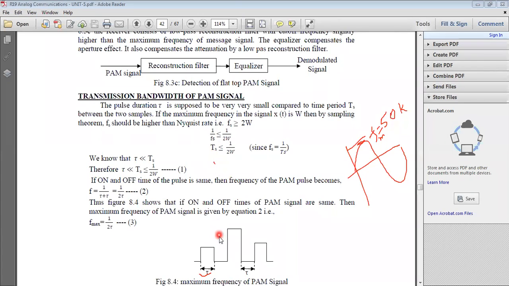That is the time period between each sample. So the time period between two samples, as we took earlier, is capital Ts. So 1 by Fs is nothing but Ts. So therefore Ts is less than or equal to 1 by 2W. In brackets you note down, since Fs equal to 1 by Ts.